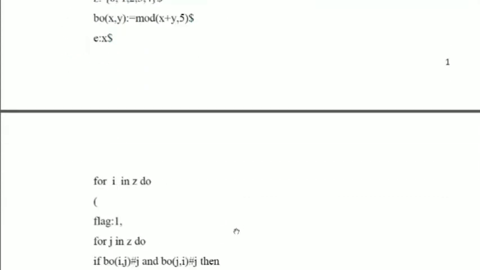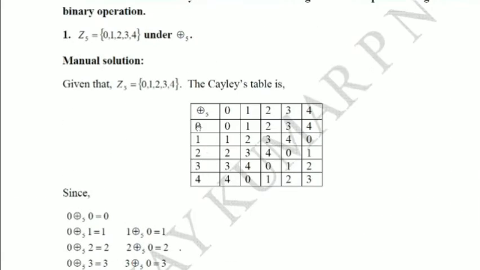Next, as usual, I have to verify term wise, right? I have to check. See, this is your I. So I takes values 0, 1, 2, 3, 4. I, J. J is this column. J takes values 0, 1, 2, 3, 4. Right?